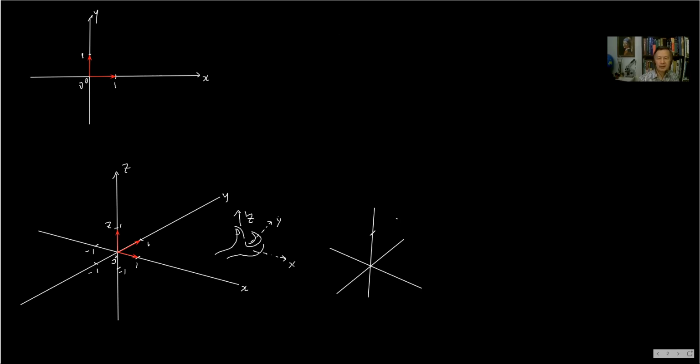So, for example, if this is the y-axis, can you determine the x and z-axis in this diagram?